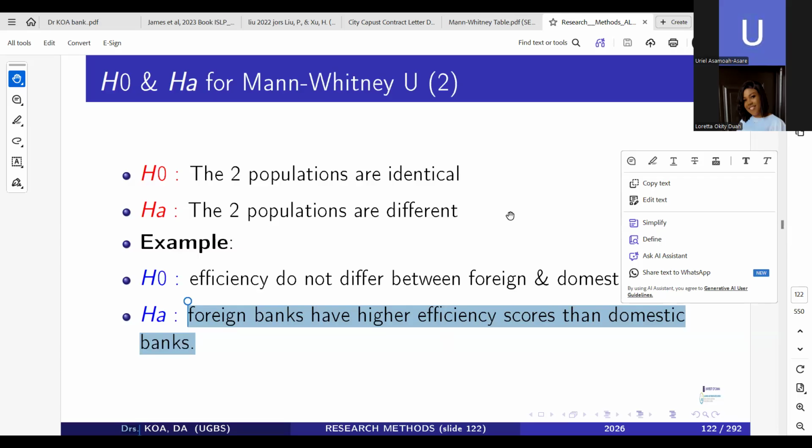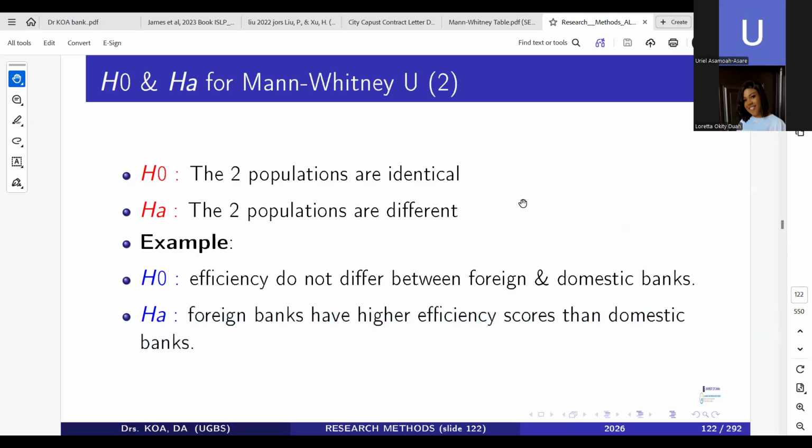Loretta. Yes, Prof. There's no difference between the efficiency of foreign banks and domestic banks. No, you couldn't have said it that way. Given the alternative down there, the way you would have written the null shouldn't have been that. Kathy. Foreign banks have lower or the same efficiency score than domestic banks. I know, but yours is similar to the first lady.